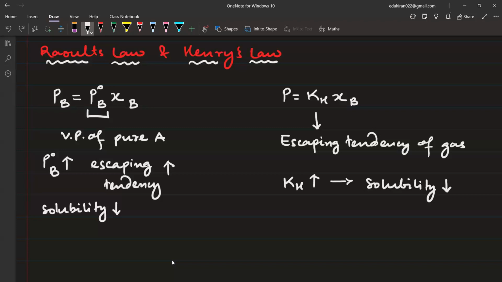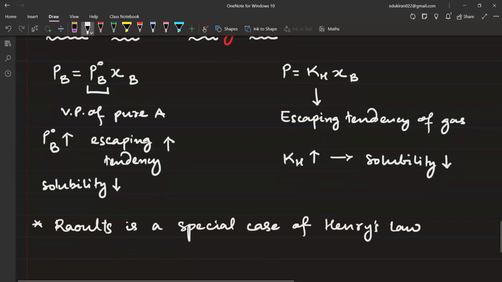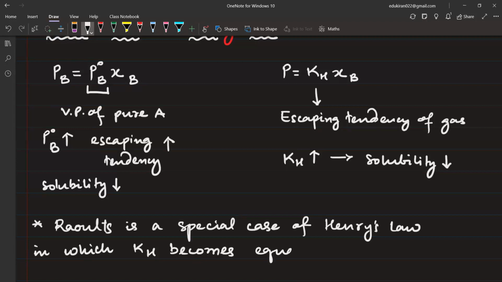Raoult's law is a special case of Henry's law, in which the KH is replaced by P naught B. So please write here: Raoult's law is a special case of Henry's law, in which KH becomes equal to P naught B.